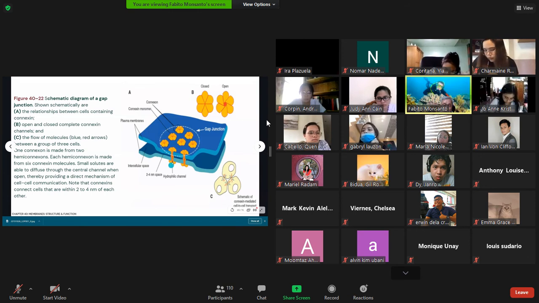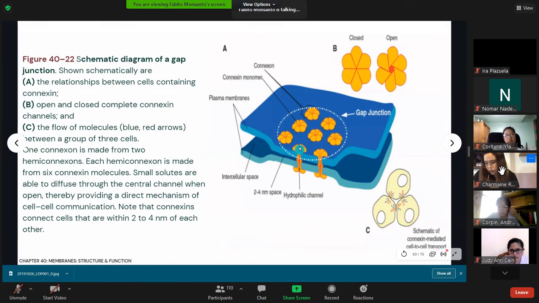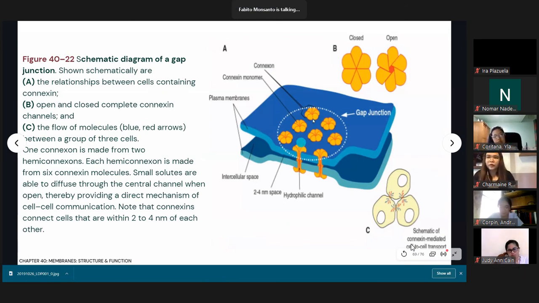Their communication might be just fluid or some solutes or materials that are needed, or it could be a molecule that signals activation of the cell. So it also signals that one there. And this cell also has a connection to other cells, so that tissue could be stimulated or inhibited. It depends on what molecule passes through, whether that molecule can stimulate or can inhibit.